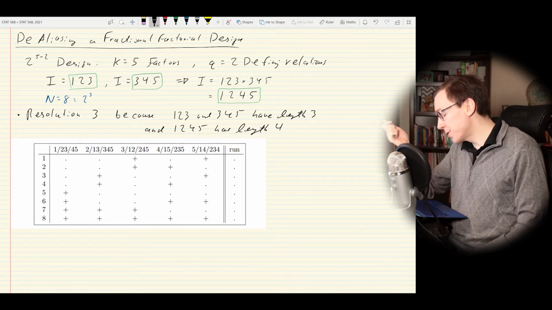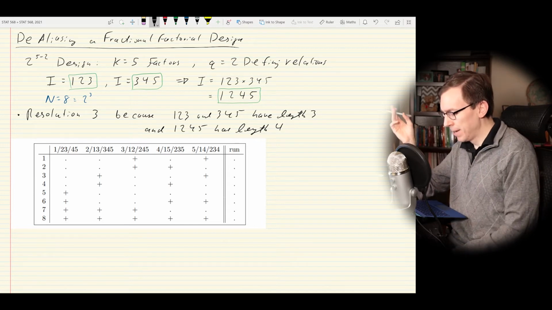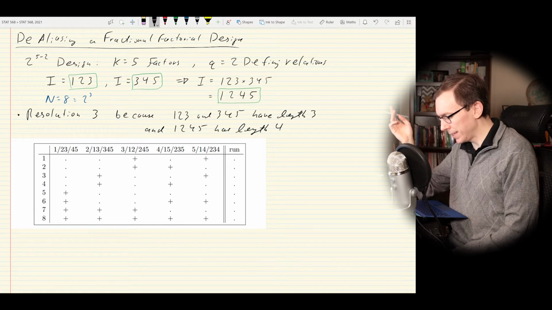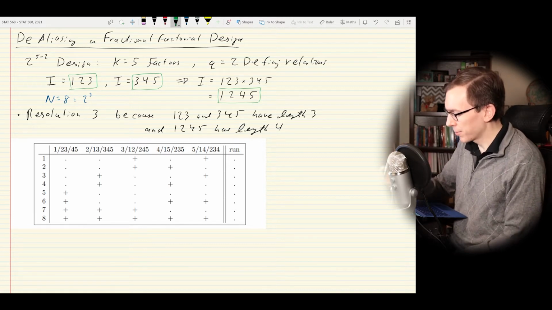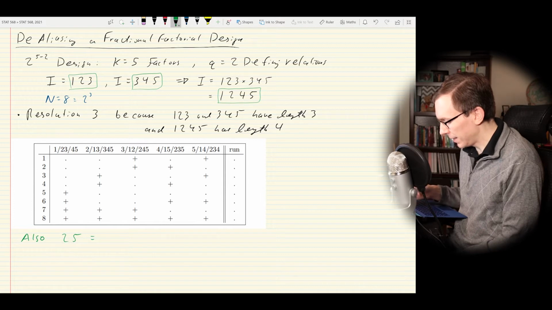There would be, I guess, 2 more columns corresponding to 2 more rows in our ANOVA table, which through a quick scan is probably going to be, well, I think 2, 5 doesn't seem to be. Maybe I'll throw that in here. Also, we would have that 2, 5 is aliased with 1, 3, 5.